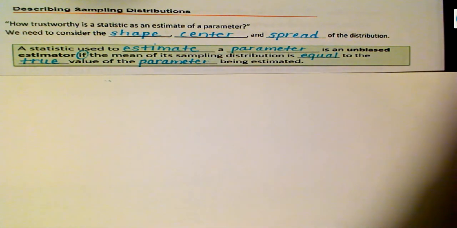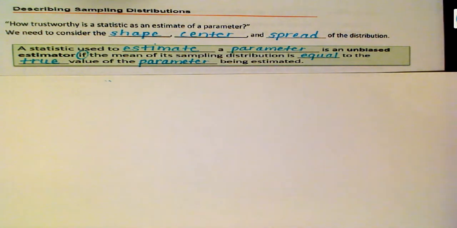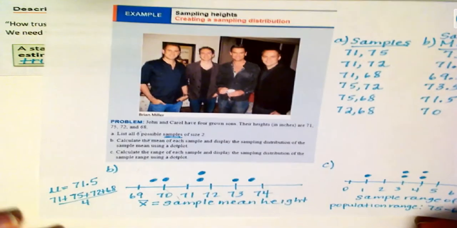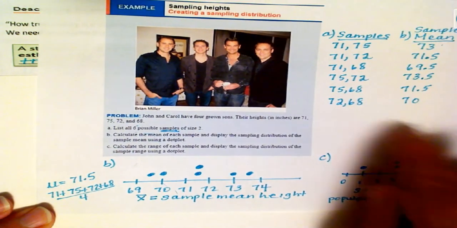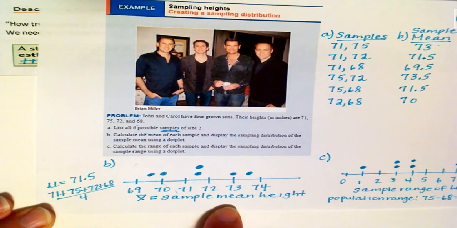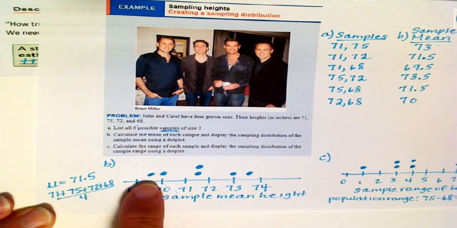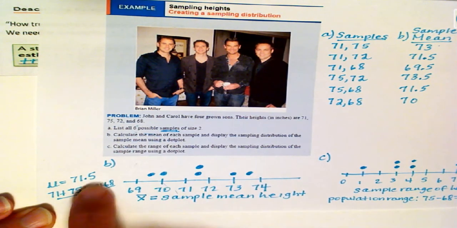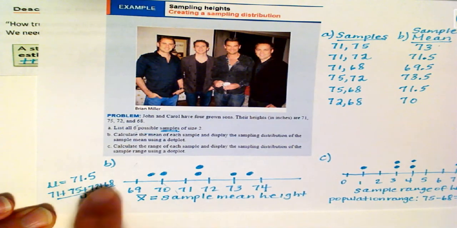I'm going to show you where we had an unbiased estimator. Okay? When we did this first problem on the heights of the brothers, and we found the sample mean, if we went through and added up all these numbers here and divided by 6, we would get 71.5.